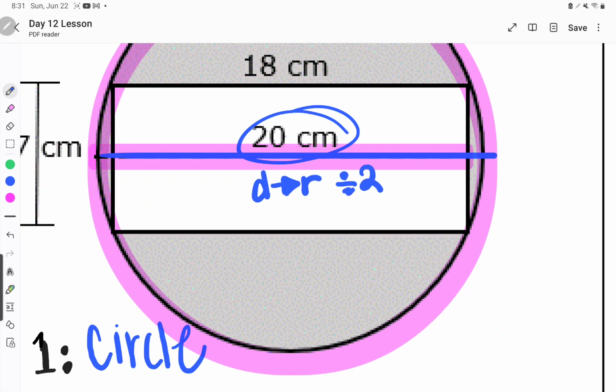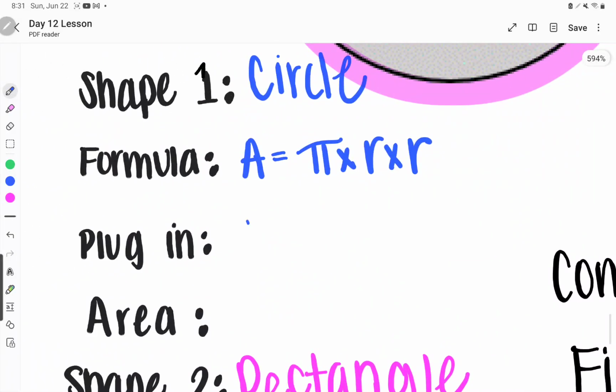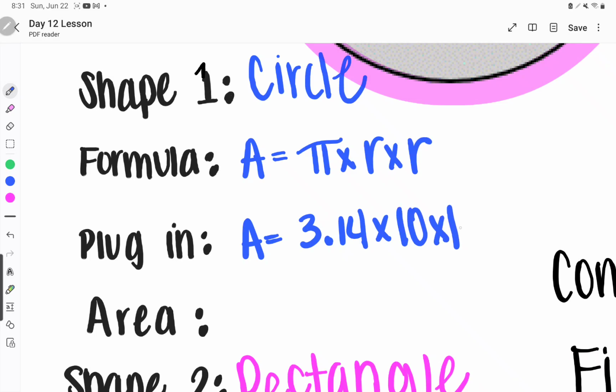I divide by 2. So I would do 20 divided by 2 to find that my radius is 10. Okay. So now we plug it in. We say area equals pi, which is 3.14, times my radius, which is 10, times my radius, which is 10, and that gives me an area of 314.